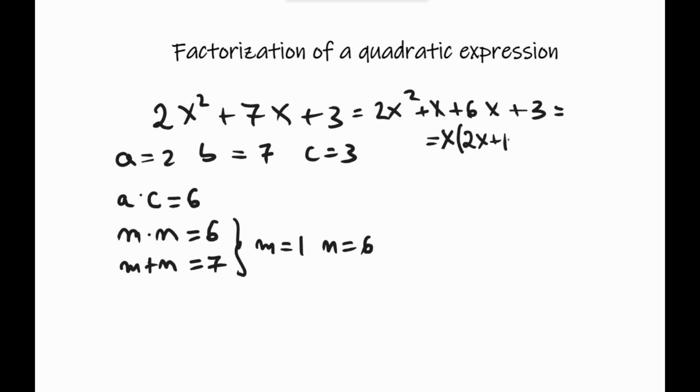In the last two terms we have 3 as common factor, we have 3 times 2x plus 1. Our quadratic expression can be written as 2x plus 1 times x plus 3.